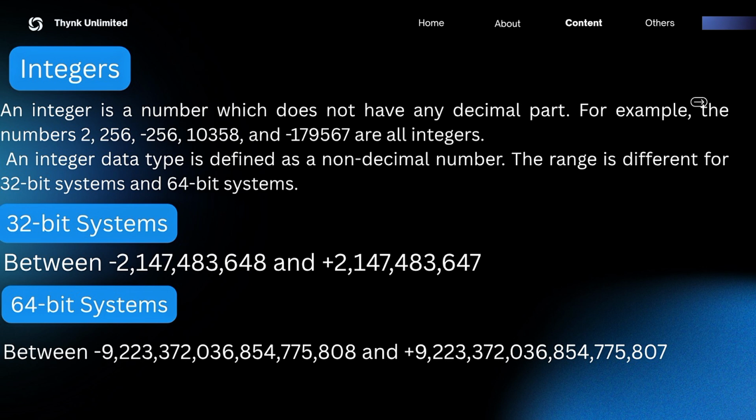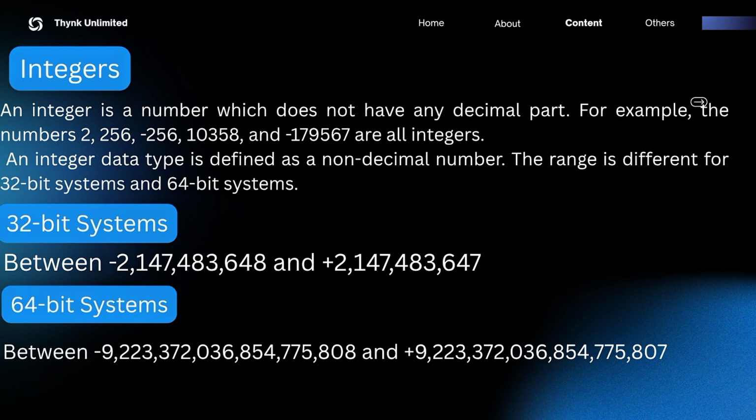Integer range and system architecture. The range of integers that PHP can handle depends on the system's architecture, whether it's a 32-bit or a 64-bit system. This range determines the smallest and largest numbers that can be represented as integers in memory. For 32-bit systems, the range of integers goes from -2,147,483,648 to 2,147,483,647.